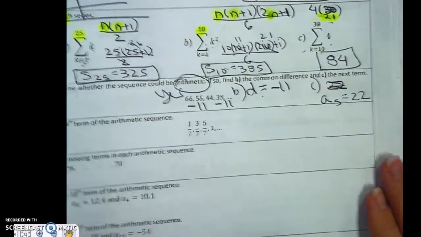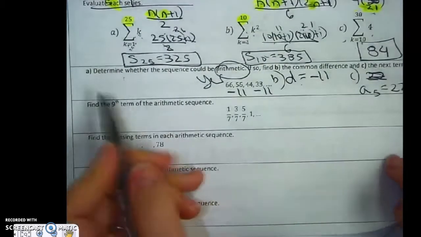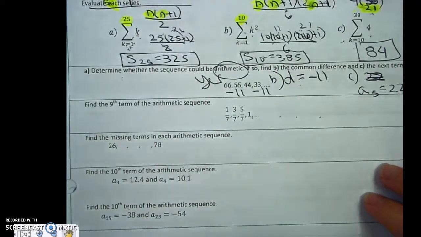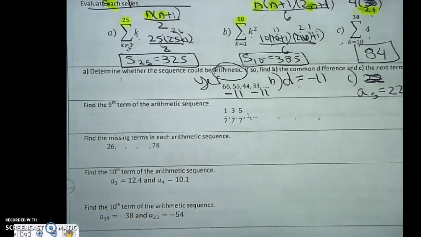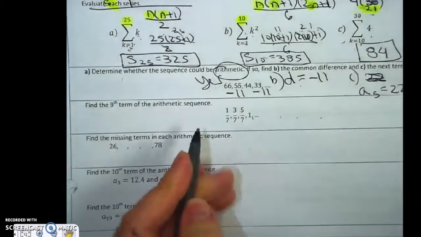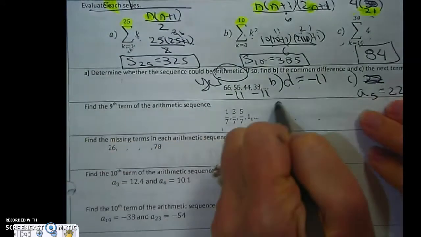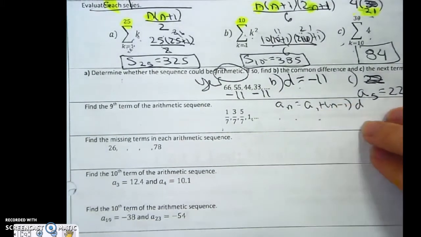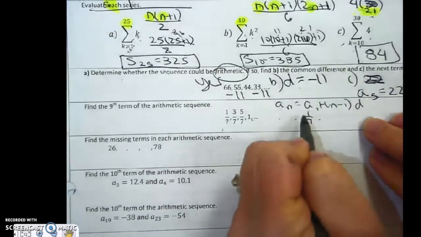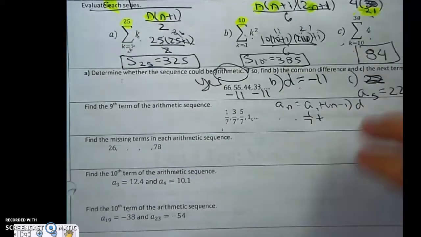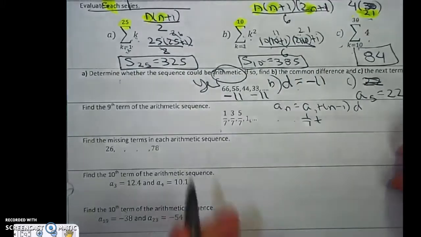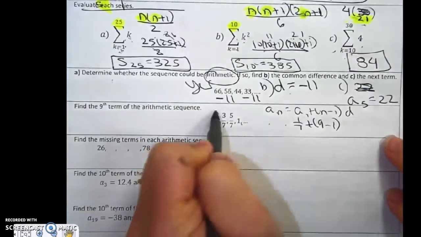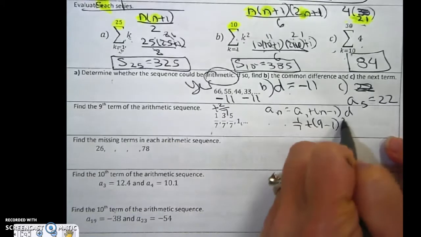You'll lose a point. Find the 9th term of the arithmetic sequence. I am not okay with you continuing to cheat and get the answer in your calculator, because that's something you can do. What I need you to use is the formula: A sub n equals A sub 1 plus n minus 1 times d. So you're going to go 1/7 plus, okay, I want the 9th term, and the pattern is plus 2/7.